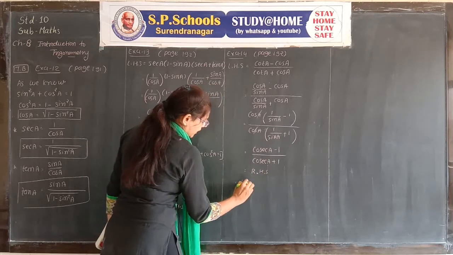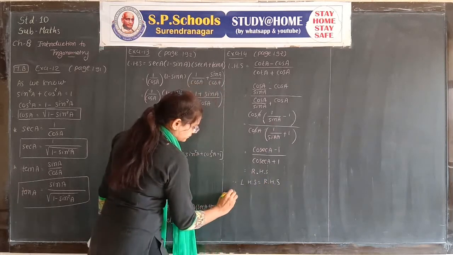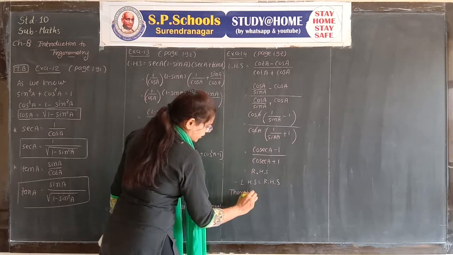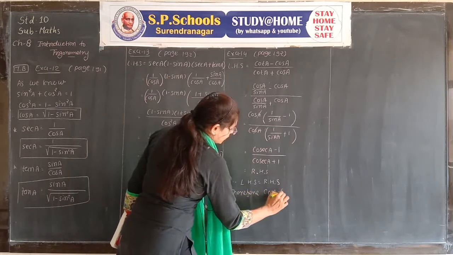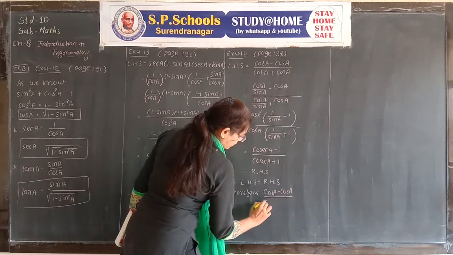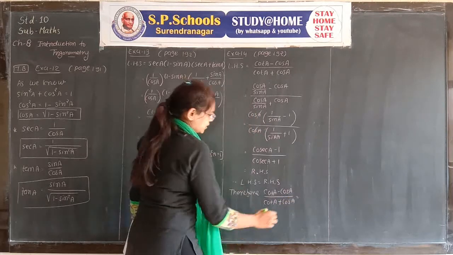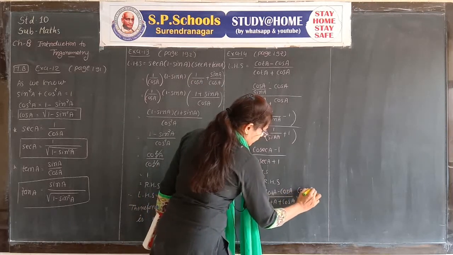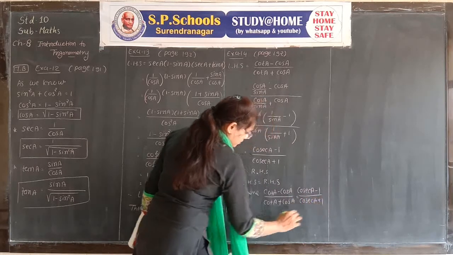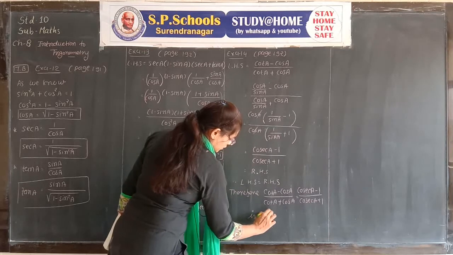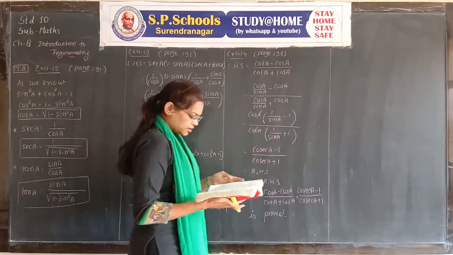Therefore, left hand side is equal to right hand side. Therefore, cot A minus cos A upon cot A plus cos A is equal to cosec A minus 1 upon cosec A plus 1 is proved. Hence example number 14 is completed.